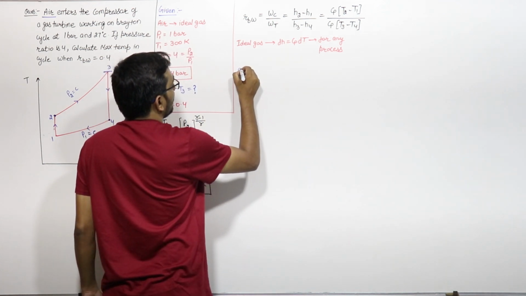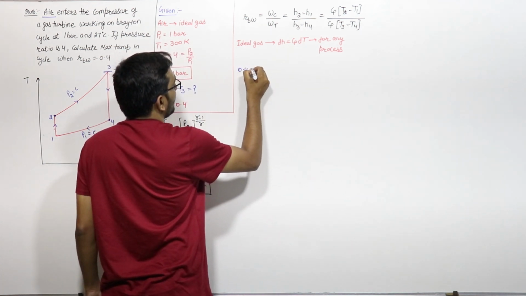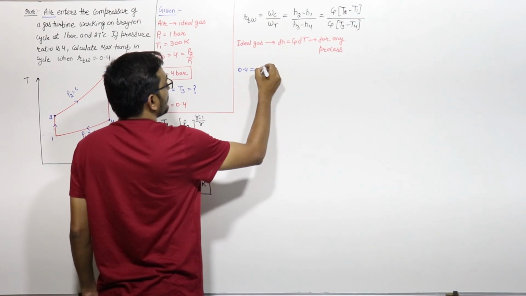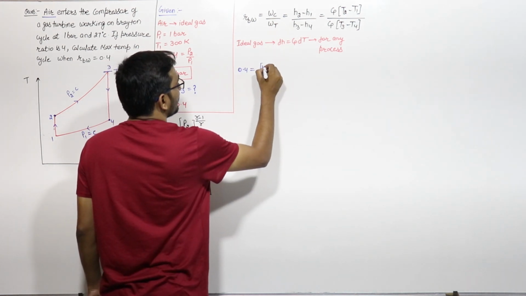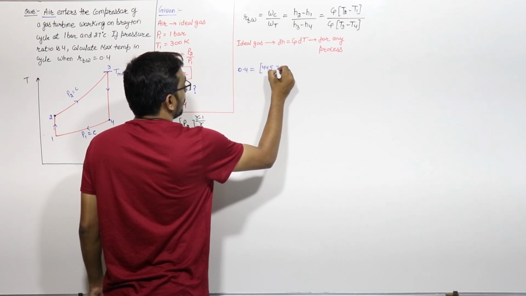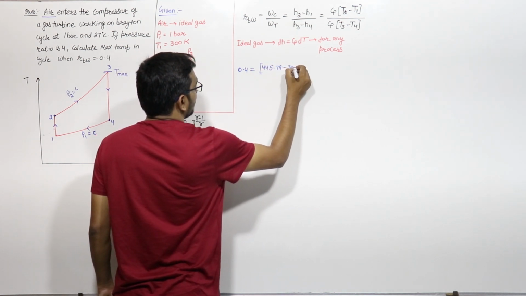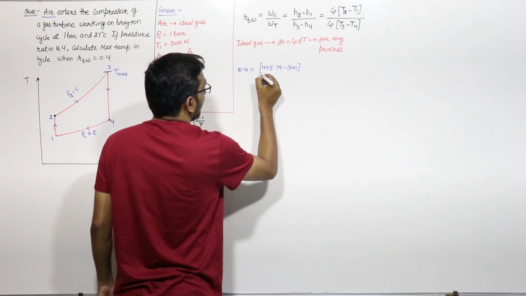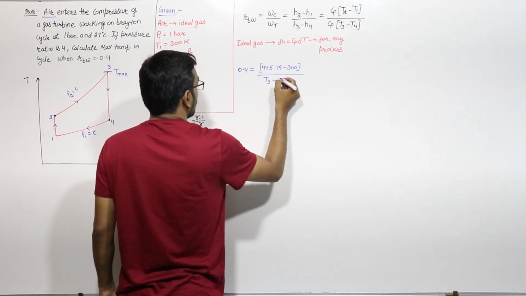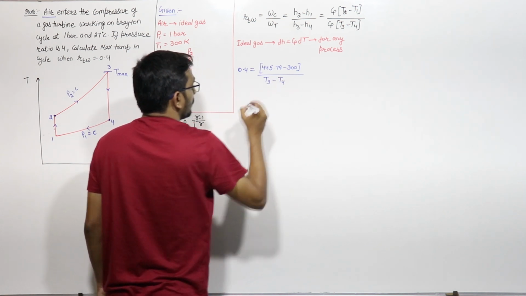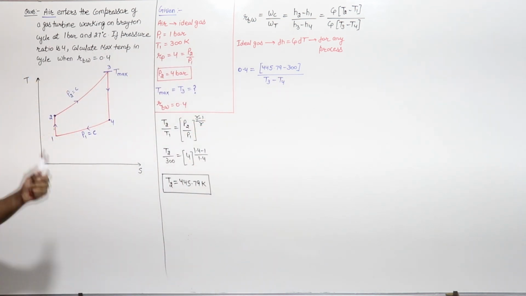So we will say that 0.4 will be equal to Cp will cancel out, T2 minus T1. How much is T2? 445.79. How much is T1? 300. Divided by T3 minus T4, right?